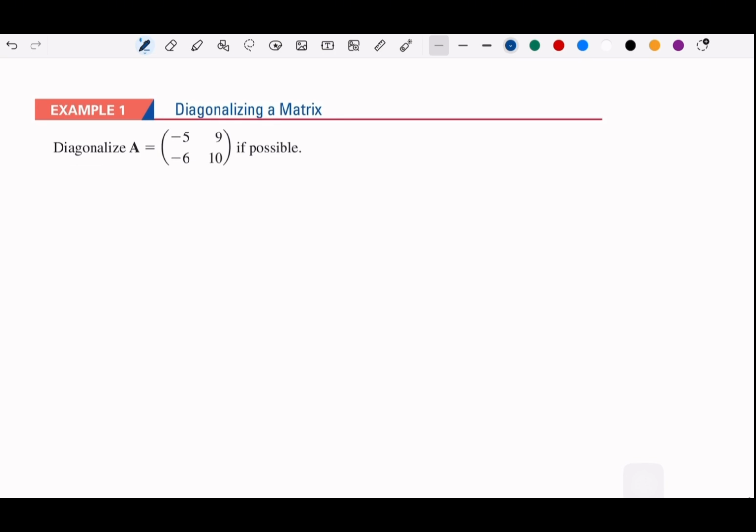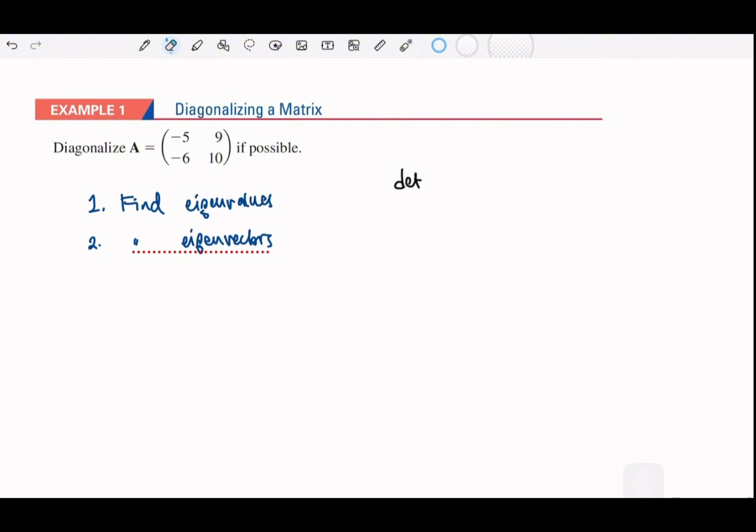To find this diagonalization, the first thing, as usual, is to find the eigenvalues. And then the second, the eigenvectors. First, take the determinant of the matrix A minus lambda identity as usual.